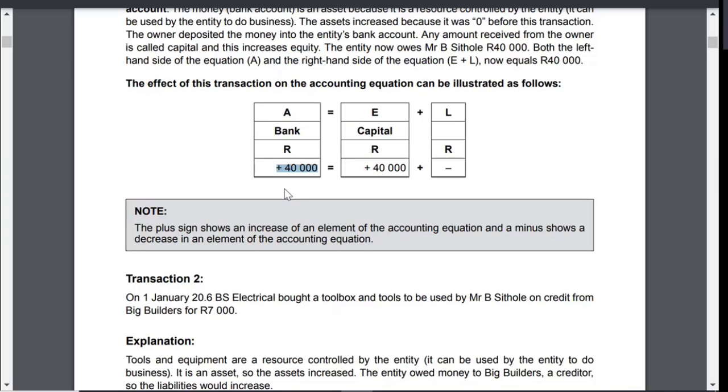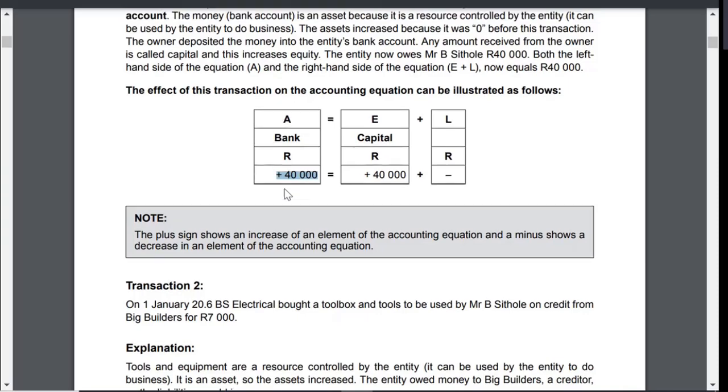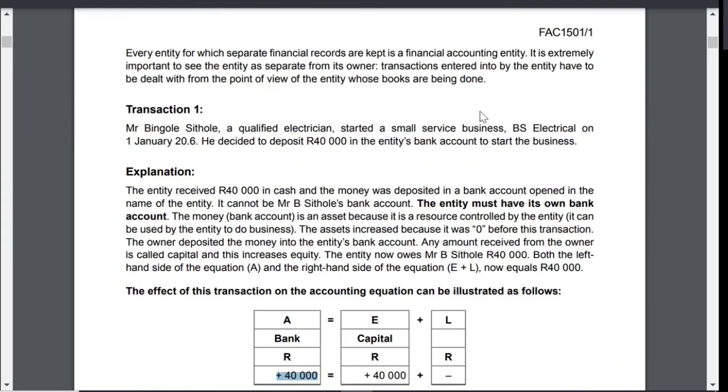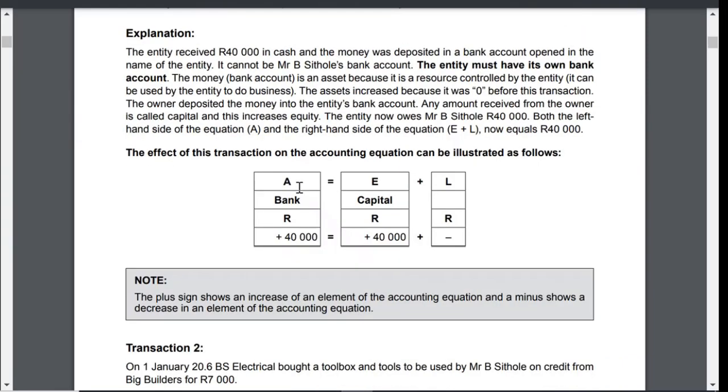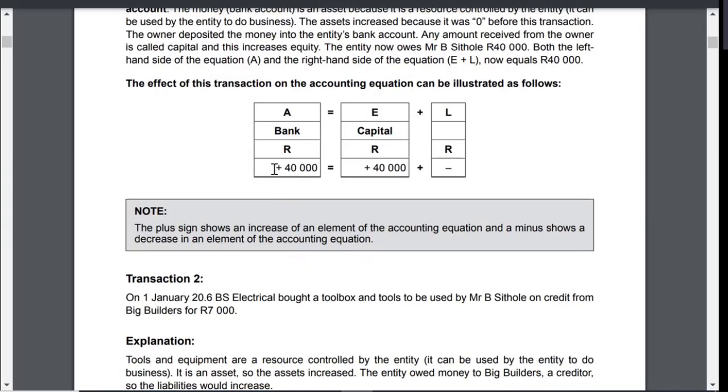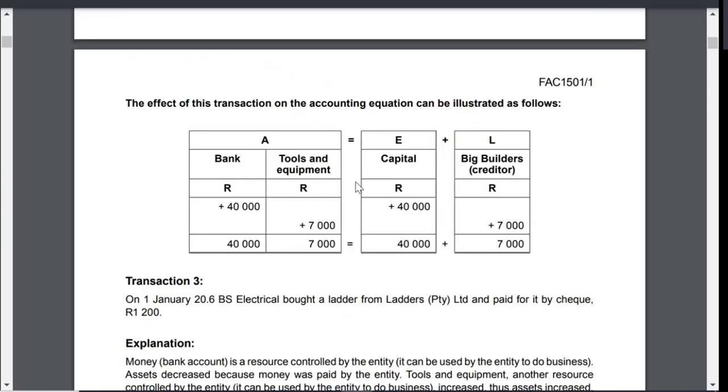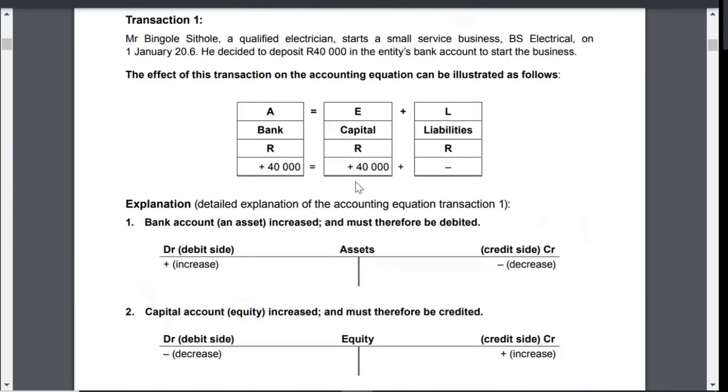When an asset is increasing, in this case, because money is coming into BS Electrical bank account, it is increasing the money in the bank account. So we're going to put a plus 40,000. It's increasing the bank account, and when an asset decreases, you credit. And in this case, equity, capital, is increasing. That's why you put the plus 40,000. And then this is how we're going to record this in the general ledger.